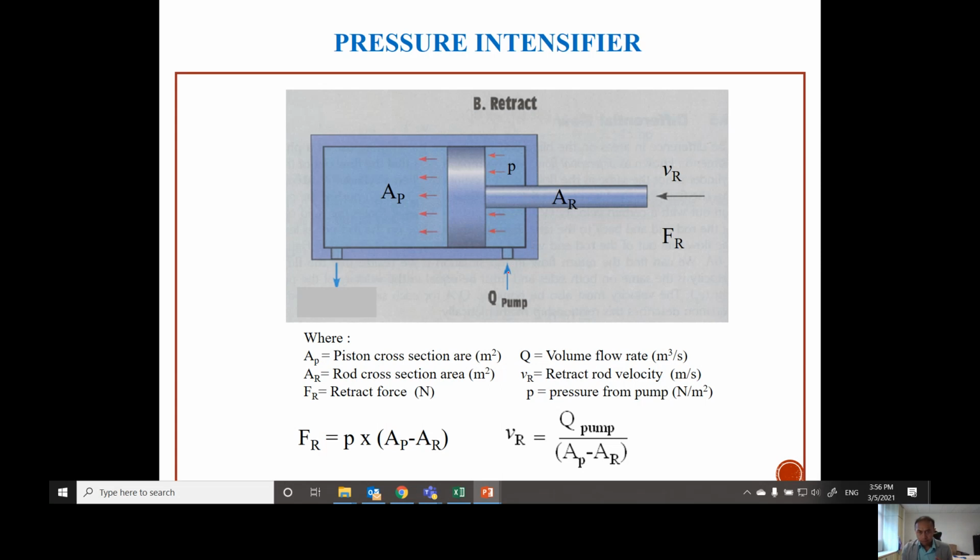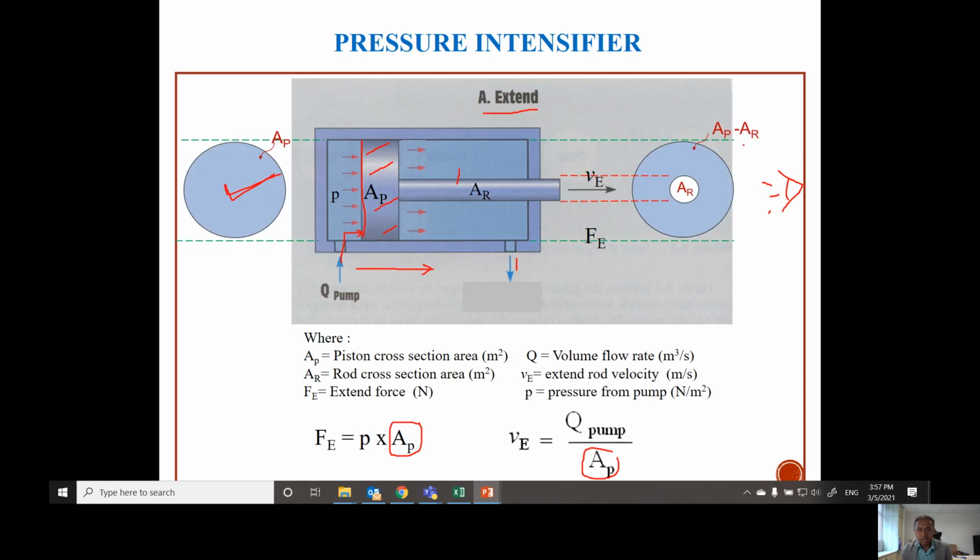During retraction, the flow is reversed, meaning the pump will supply the flow through this rod end, and now the pressure will act on this area. And this area is actually given by AP minus AR.